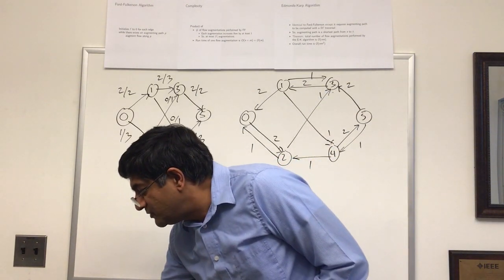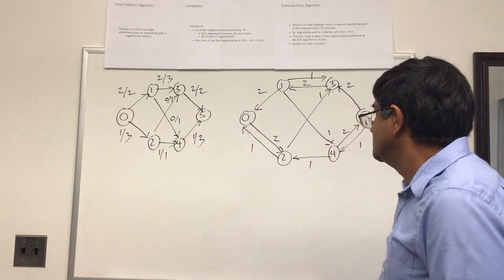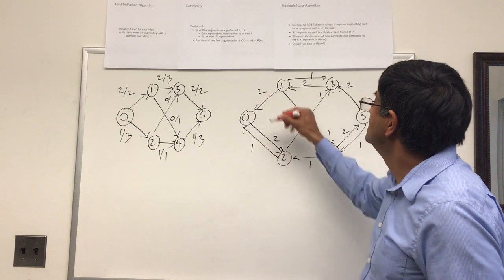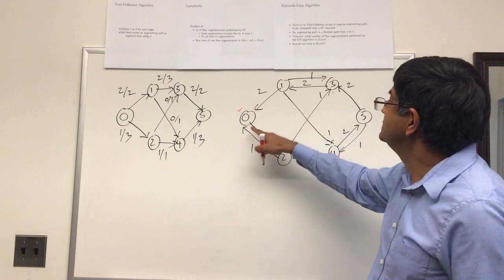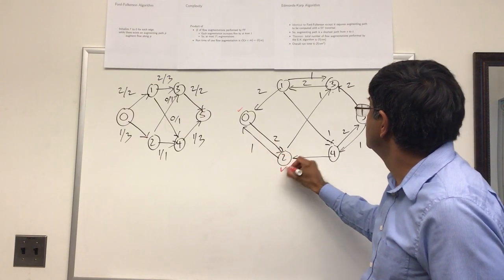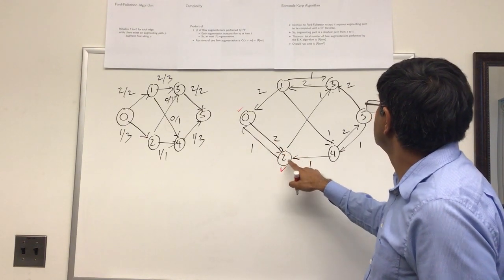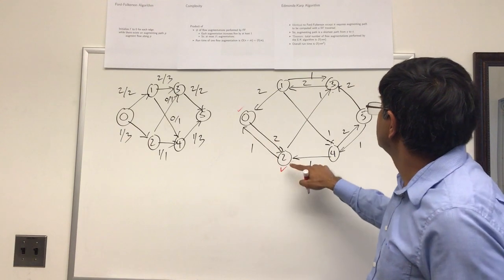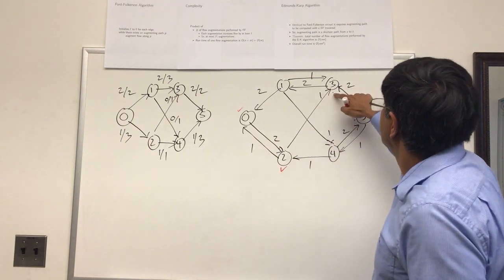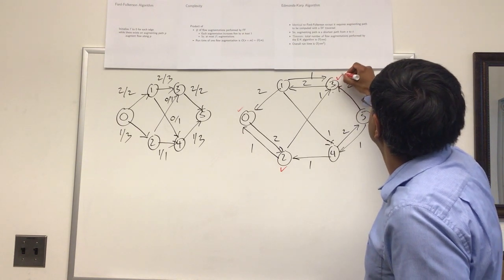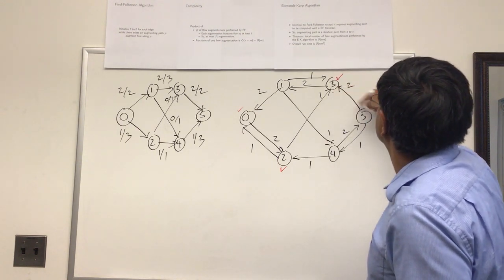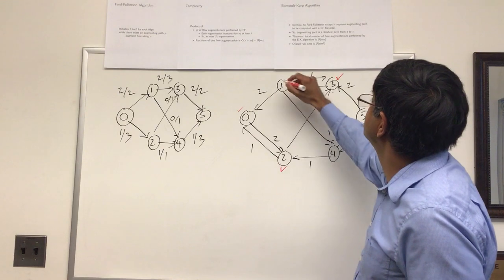And then we're asked to find an augmenting path. So if I start here, I can't take this edge, but I can certainly come here. From here, I can't go there. I could go back, but that doesn't help. I can come here up to vertex 3, right? And then from vertex 3, I can't go to 5, but I can go back to vertex 1.